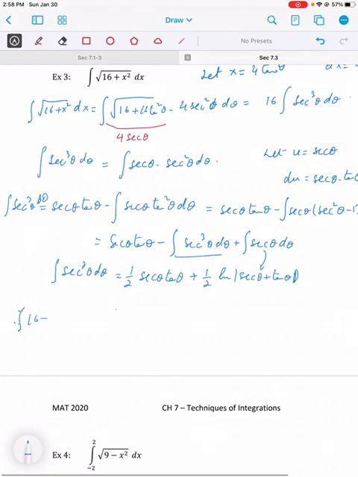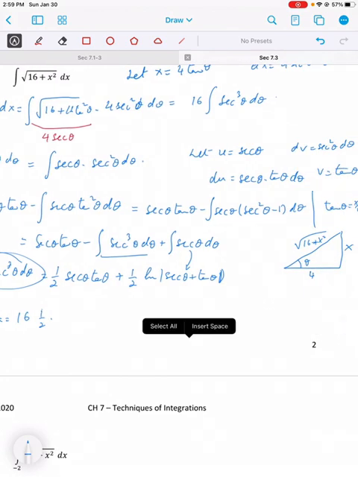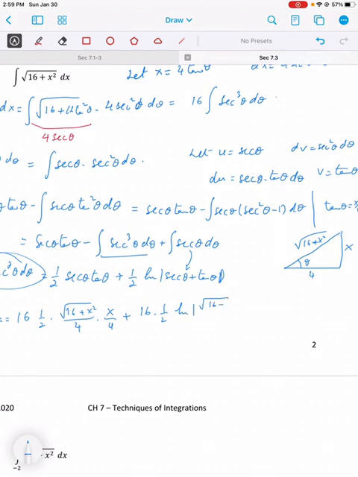So our integral of the square root of 16 plus x squared dx will be equal to, remember it was 16 into this quantity, so it will be 16 into 1/2 into secant theta. Secant theta will be square root of 16 plus x squared over 4 times tangent theta, which is x over 4, plus 16 into 1/2 into ln of the absolute value of square root of 16 plus x squared over 4 plus x over 4.